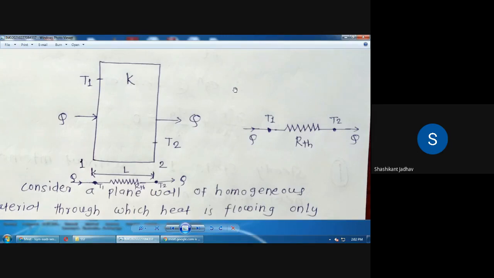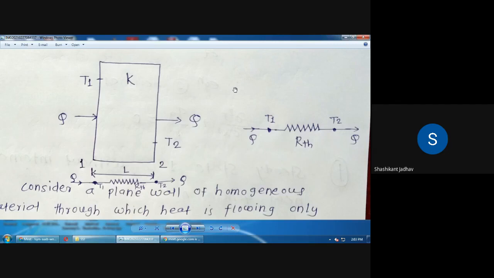The first dot is for the left hand face, the second dot is for the right hand face, and in between there is a thermal resistance, and heat transfer through that section is Q. At inlet heat transfer is Q and at outlet heat transfer is Q.